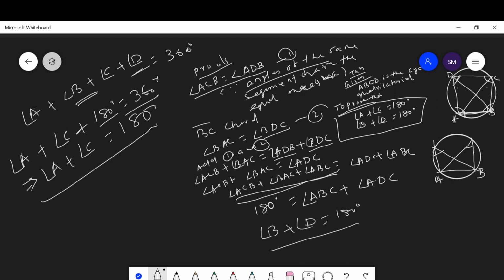This means angle ABC plus angle ADC is equal to 180 degrees, which shows that angle B plus angle D is equal to 180 degrees. And as ABCD are the angles of the quadrilateral, angle A plus angle B plus angle C plus angle D is equal to 360 degrees, which shows that when B plus D is 180 degrees, we can prove that angle A plus angle C is equal to 180 degrees. Hence we proved the theorem.